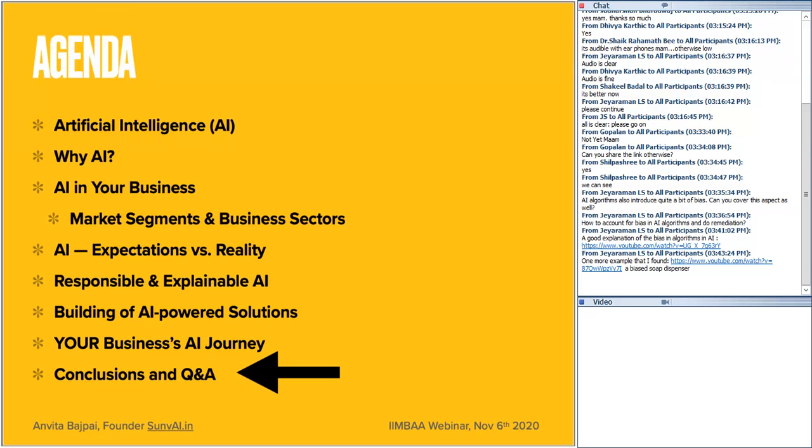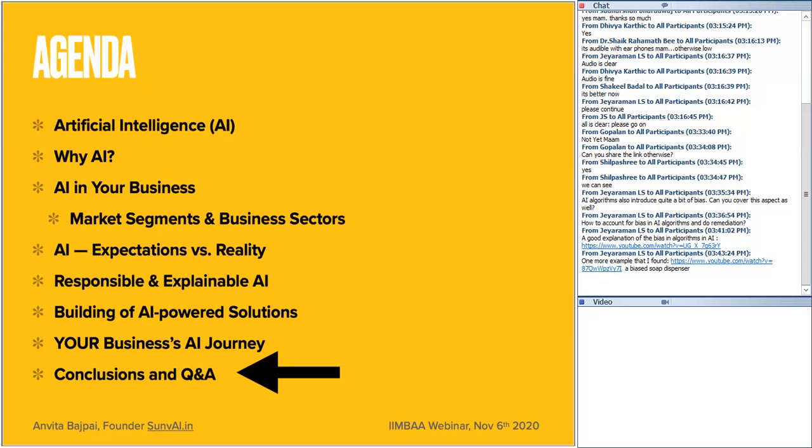Number two, if you are collecting data for a purpose, say, if I'm taking data at SunvAI for the purpose of validating your consumer issue, then I should use it only for that purpose. I should not use it for any other purpose, I should not go around selling the data, and I should not share it with any third party without your permission or without informing you.